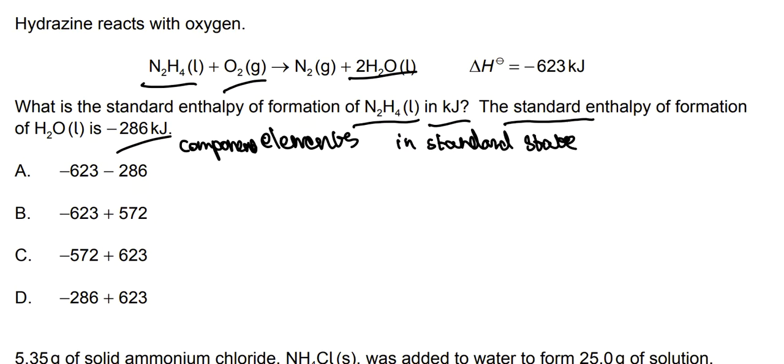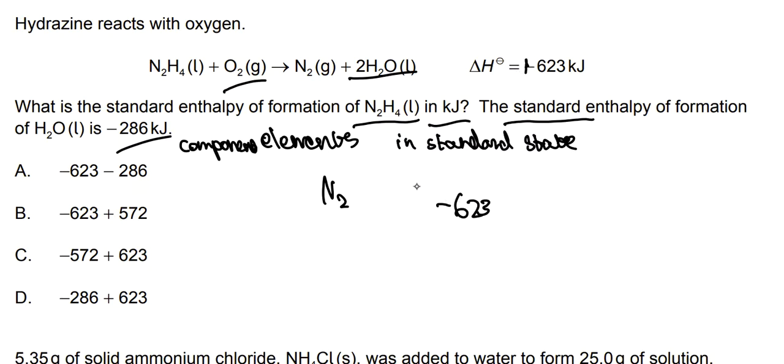Because we have hydrazine having this and this, we're basically going to have to reverse this reaction. So the enthalpy change will be with nitrogen gas, and that's going to be negative 623. But we're going to have to reverse that sign because we're going in the opposite direction.